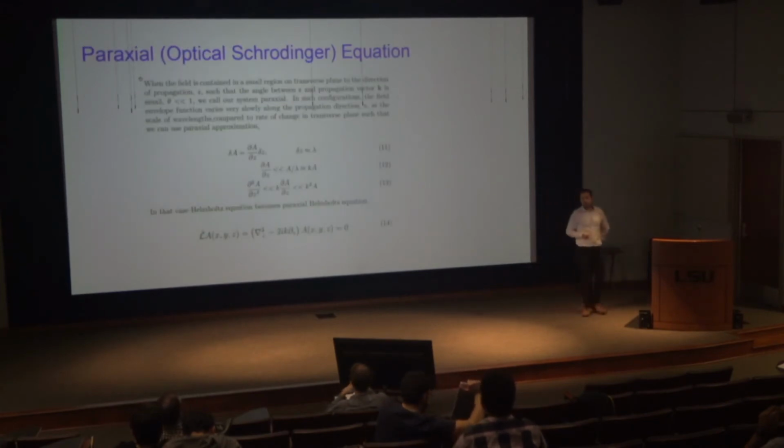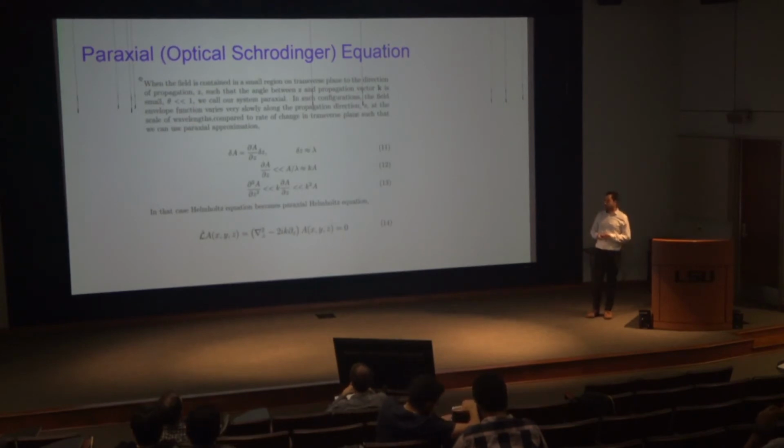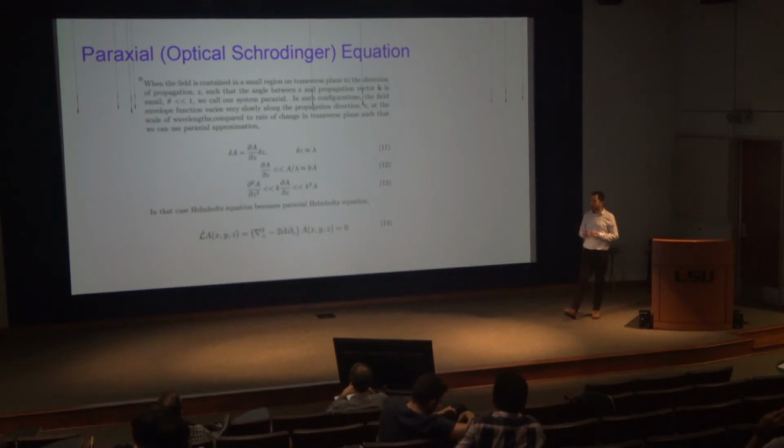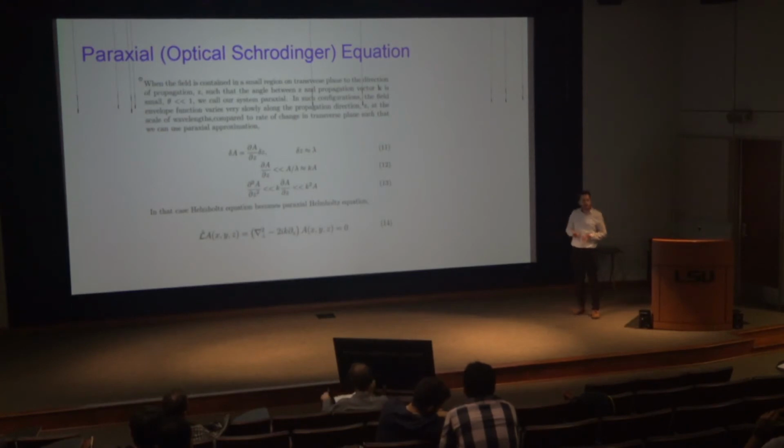So, the paraxial approximation. For light propagation or any electromagnetic field, we have Maxwell equations, and you constrain it. If you have a light beam which is heavily polarized in one regime, it becomes a scalar Maxwell equation, and then you further make approximation, it becomes the Helmholtz equation.